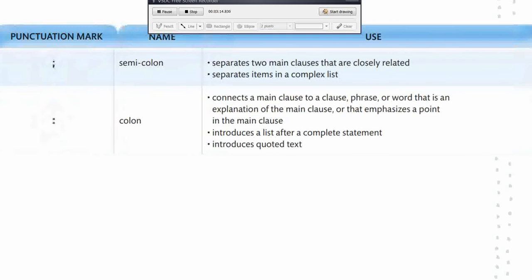Another usage is that it introduces a list after a complete statement. And the third is it introduces quoted text. That means when you want to quote someone, you can place a colon and then you can quote.